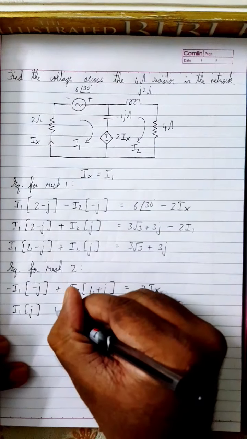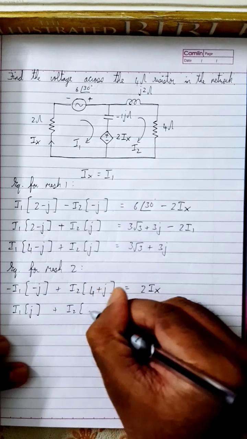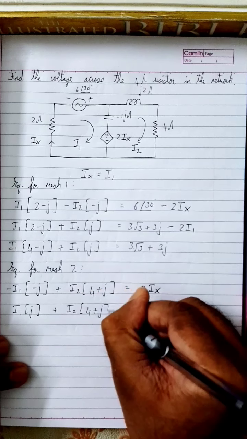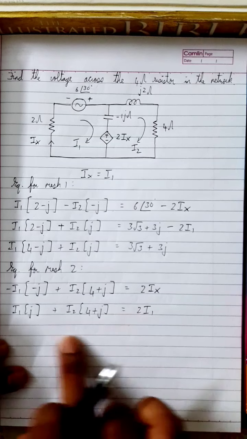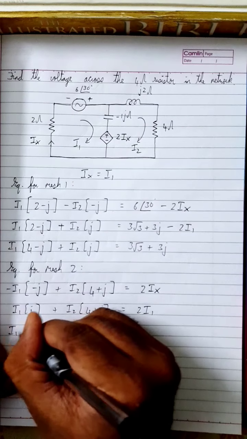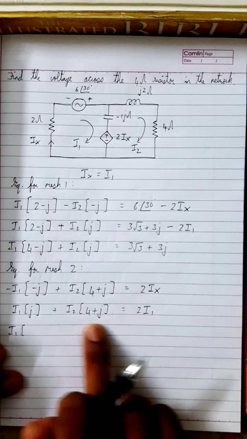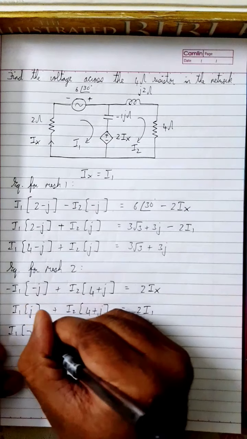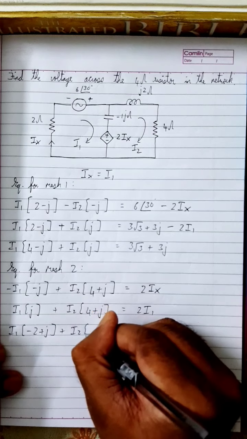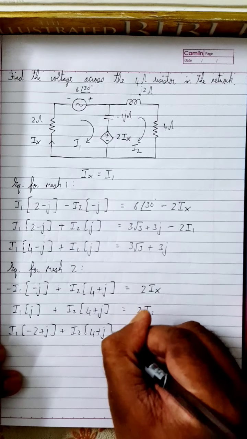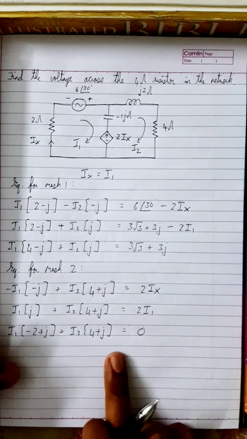So it's I1 into J plus I2 into 4 plus J is equal to 2I1. And if I bring this term over here, this becomes minus 2I1. So it becomes I1 into minus 2 plus J, plus I2 into 4 plus J is equal to 0.